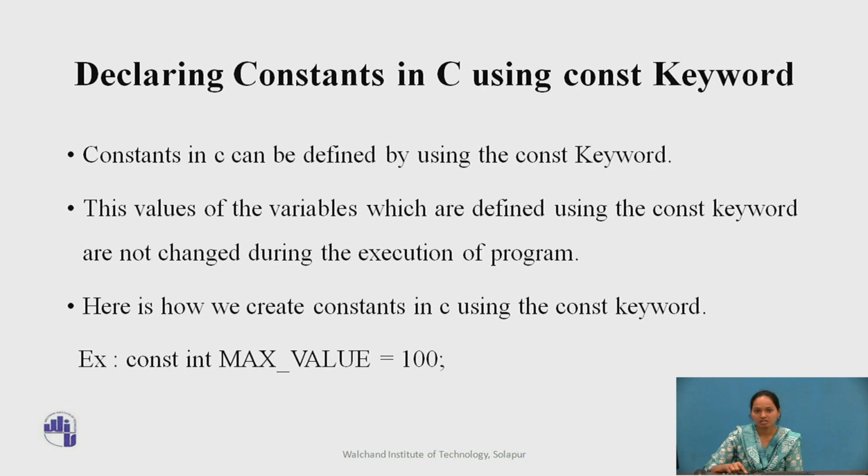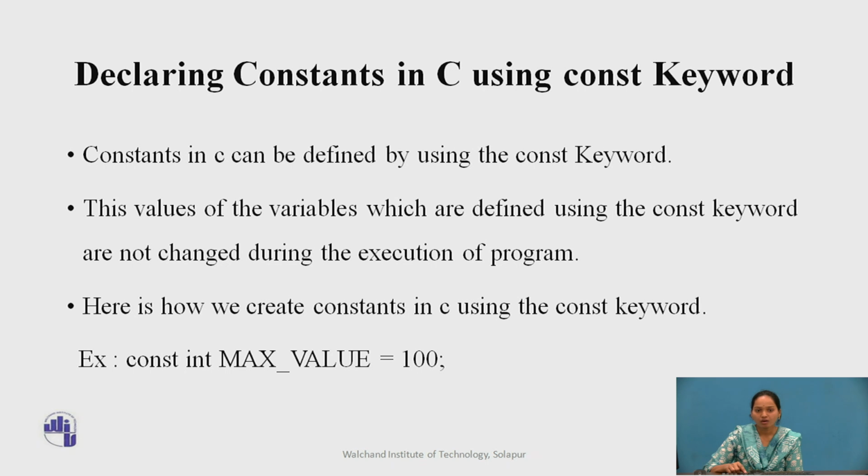Declaring constant in C using the const keyword. Here we will see how we can declare a constant using the const keyword in your program. Constants in C can be defined by using the const keyword. The values of variables which are defined using the const keyword are not changed during the execution of your program.